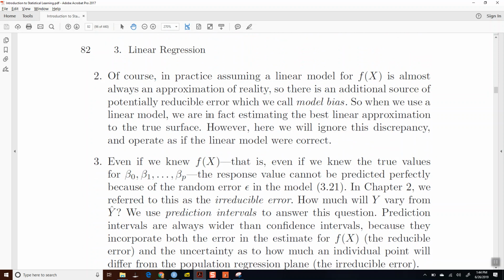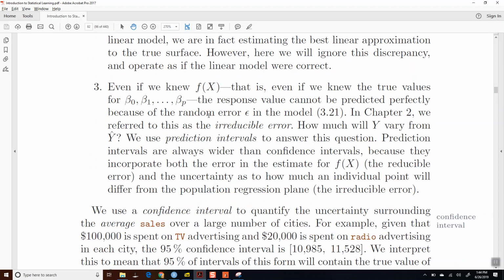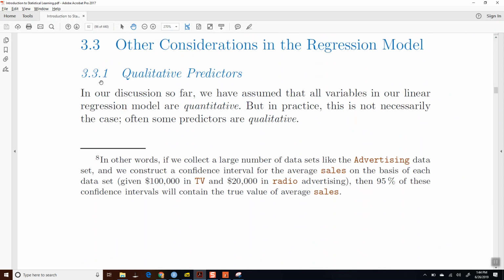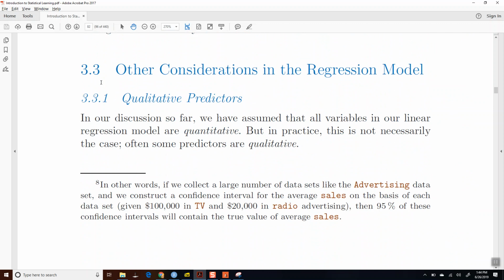Okay, if it's not a linear model, then we can get into trouble here. Okay. Okay, and then the last part is just some other stuff to consider.